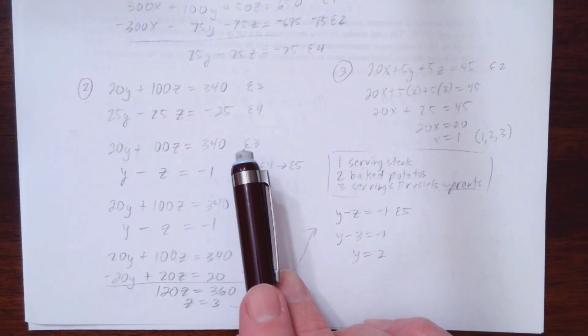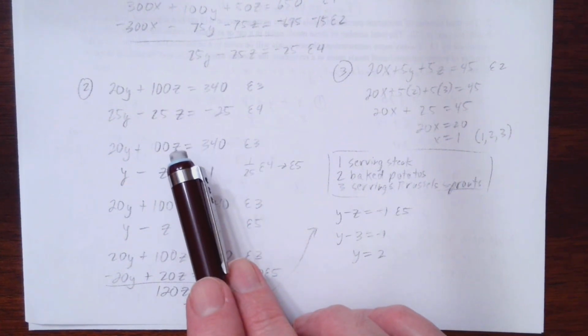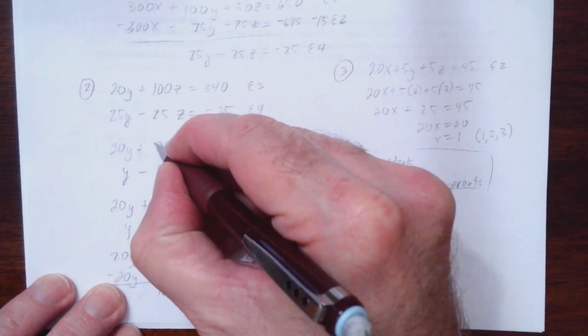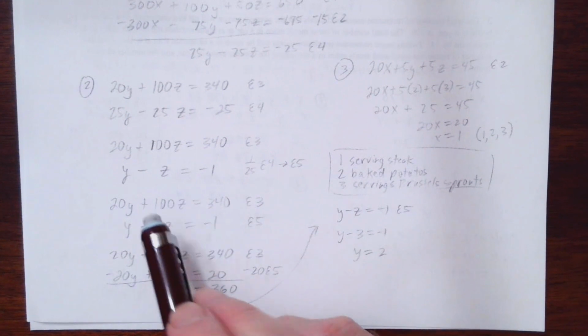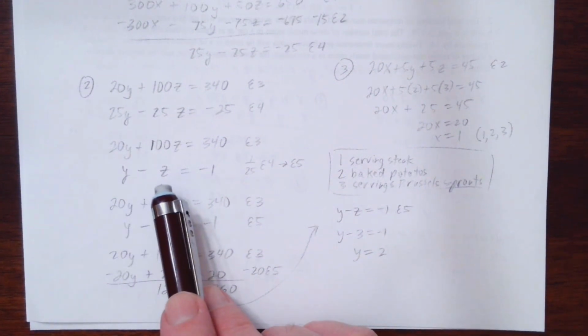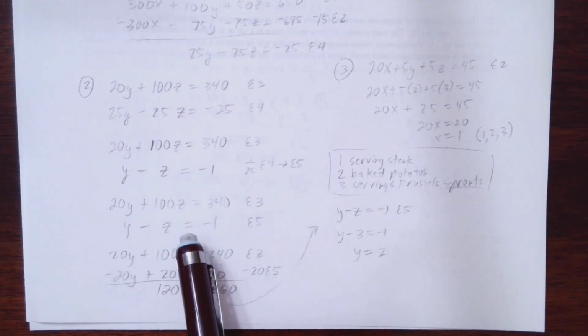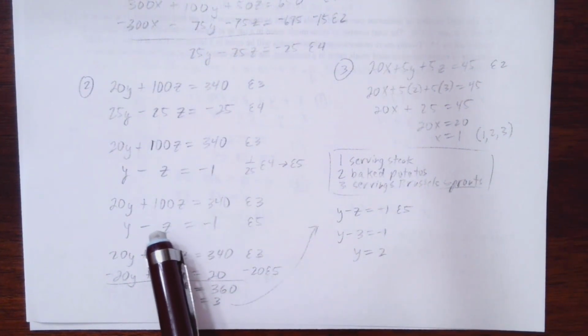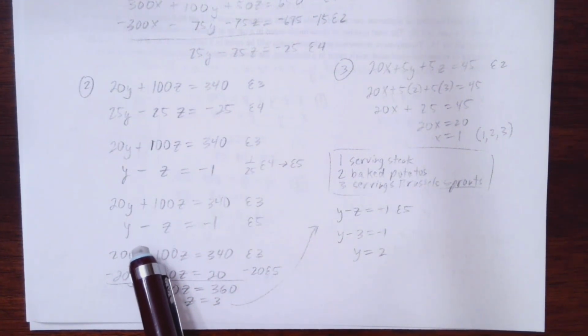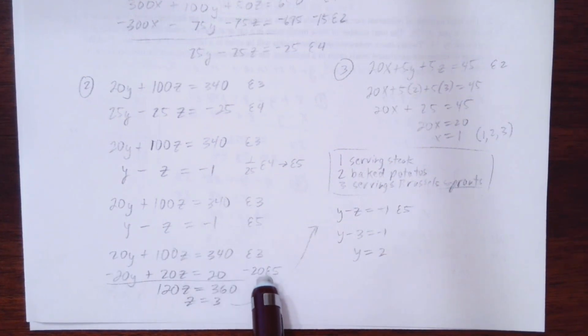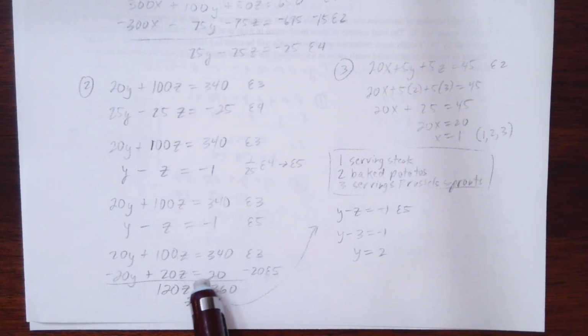And I'm just reusing equation 3. I end up with y minus z equals negative 1 when I divide all these terms by 25. So now I multiplied negative 20 times equation 5, and I added that to equation 3. And I was able to solve for z and get 3.